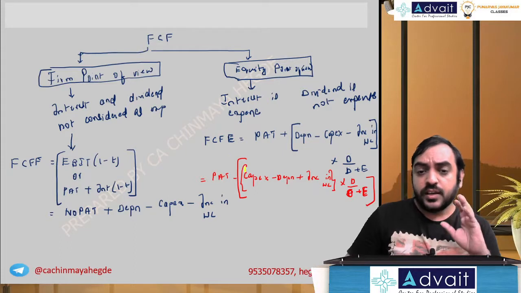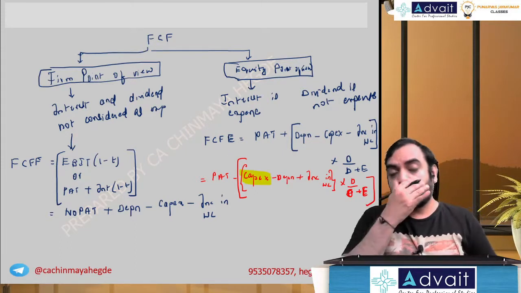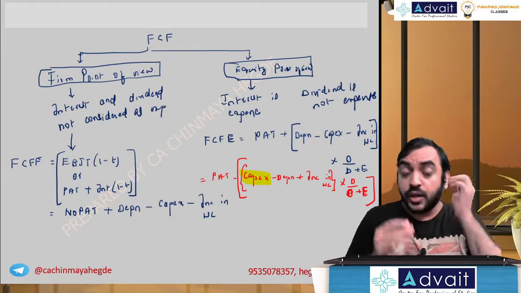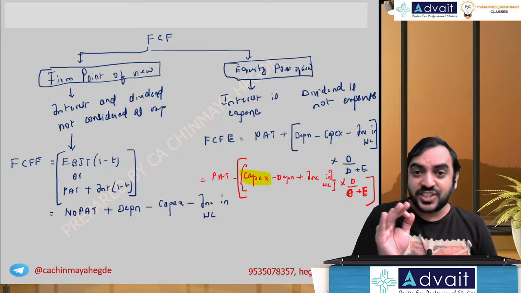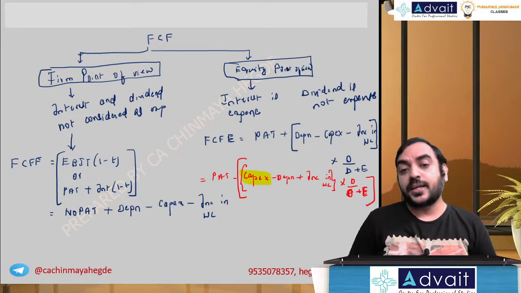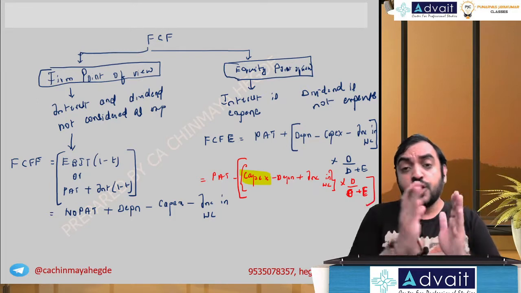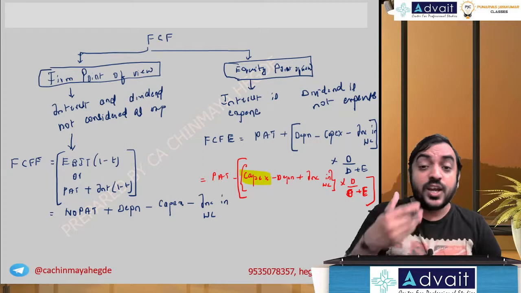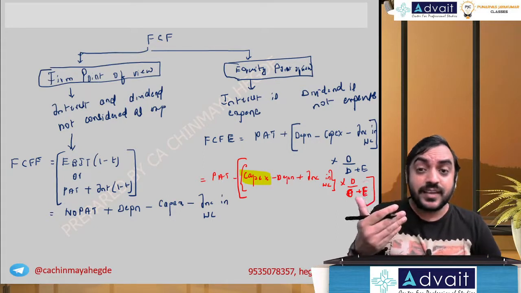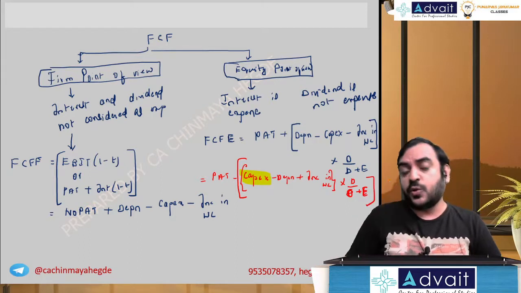Suppose you are planning to purchase a capex, fixed assets, furniture worth 1 lakh. You are purchasing 1 lakh. So how much cash flow required? 1 lakh. Suppose you maintain debt equity ratio of 1:1. So if you are purchasing 1 lakh, where the source is not entirely from equity shareholders, you have to maintain a 1:1 debt equity ratio.